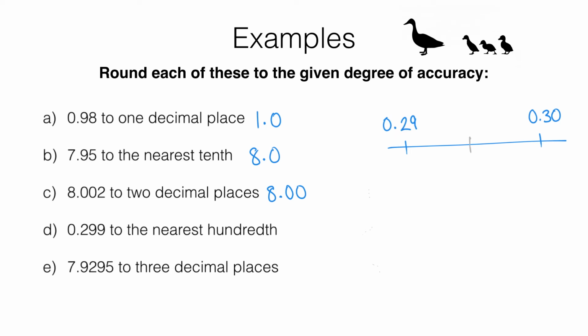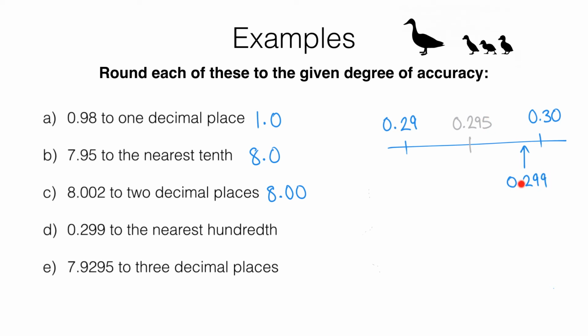Looking for the halfway point, we get 0.295. And that means 0.299 is to the right of it. You can see that we've got the same number of tenths, the same number of hundredths, but we've also got 9 thousandths here, which is greater than 5 thousandths.